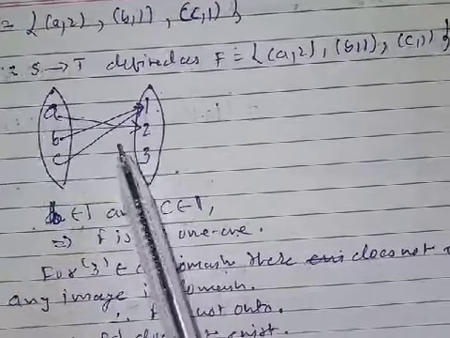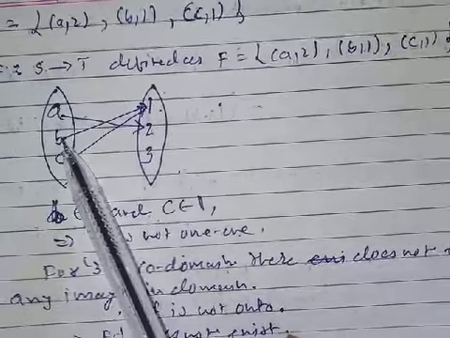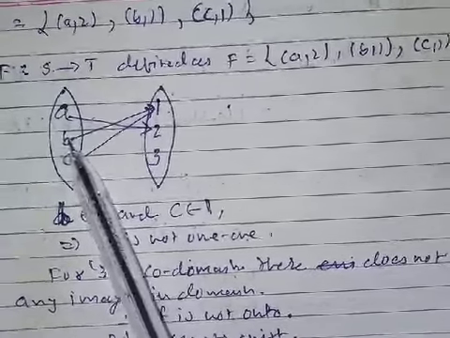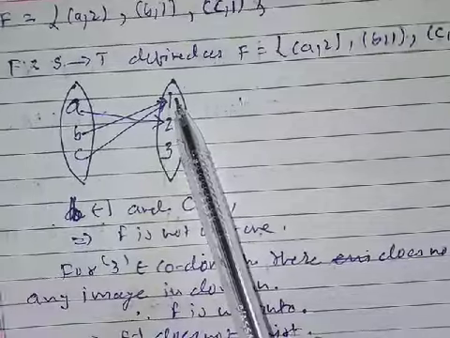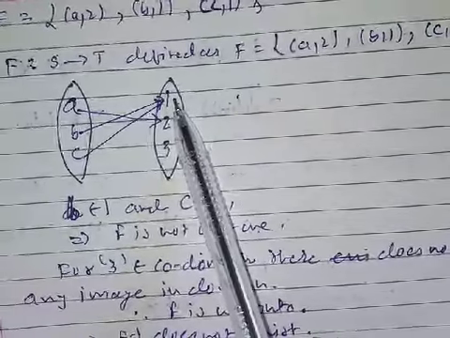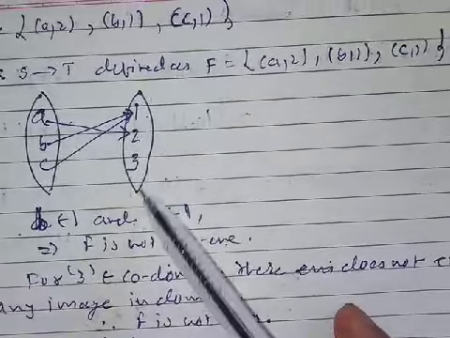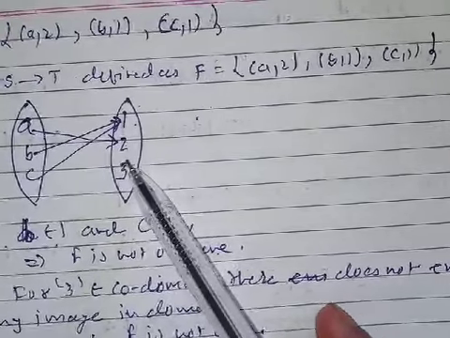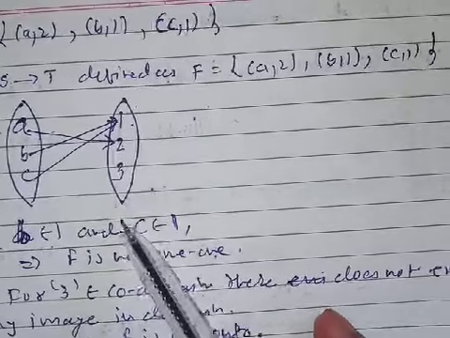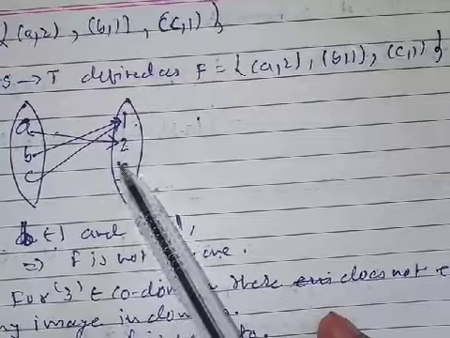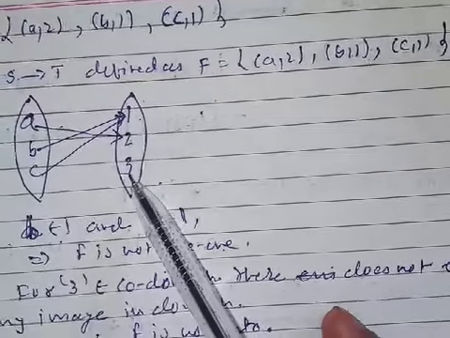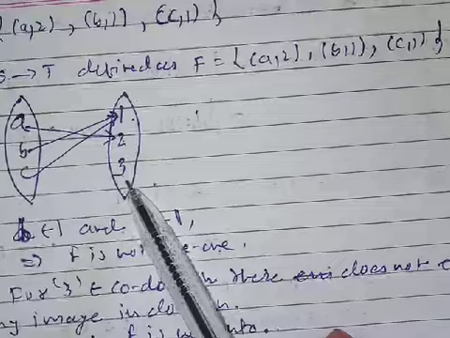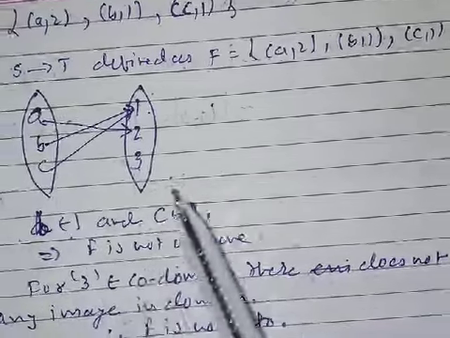So we proved both. First, A and B and C all corresponding to 1 shows that it is a many-one function. And for proving an onto function, no element should be vacant in the codomain. Here you see 3 is vacant. Therefore, it is not an onto function.